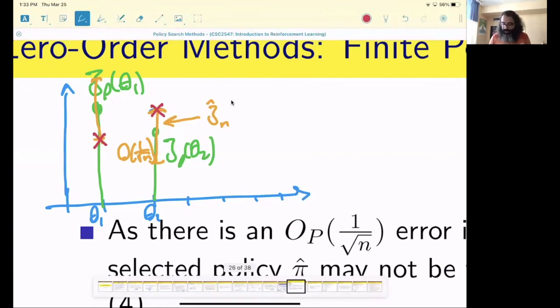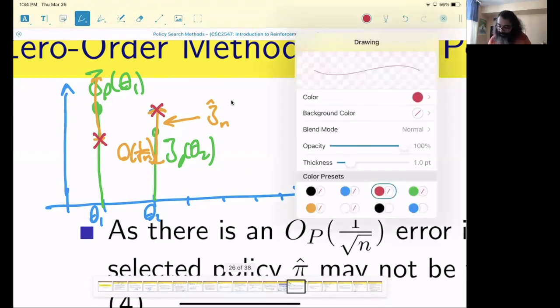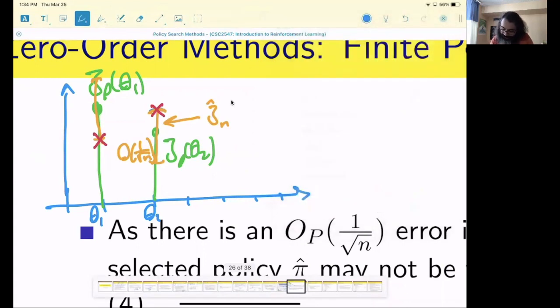But then if we make such a mistake, if it is possible to make such a mistake, this basically means that the difference between the actual values of theta 1 and theta 2, J of theta 1 and J of theta 2, is not larger than order of 1 over square root of n, because they're already close enough that we make a mistake.